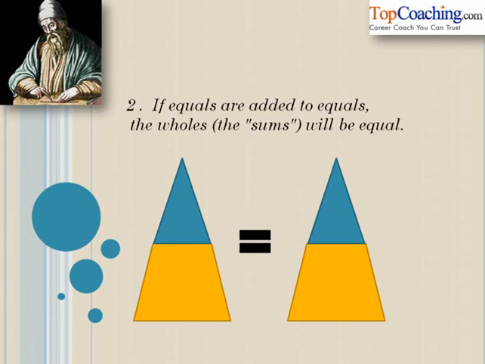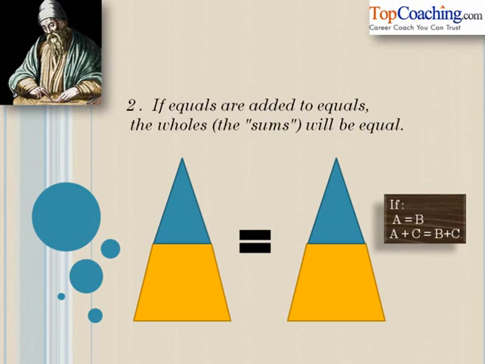Thus we can say that if equals are added to equals, already these two were equal in areas, and we added equal areas to both these equal areas, then the sum obtained is also equal to each other. So we can say that if A is equal to B, then A plus C is equal to B plus C.